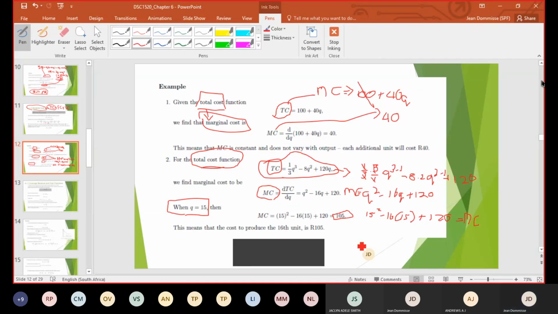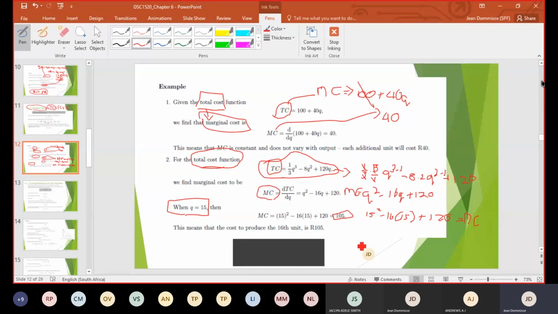So in normal exams, they could, and they can still ask that if it's an online exam, they can ask you, but what does that actually mean? So yes, great, I know how to work out total cost, I know how to work out my marginal cost, but what does that actually mean?